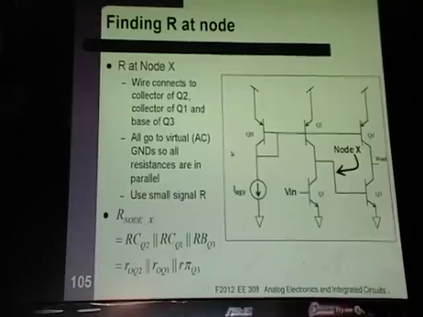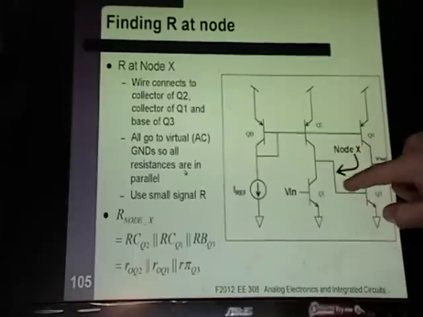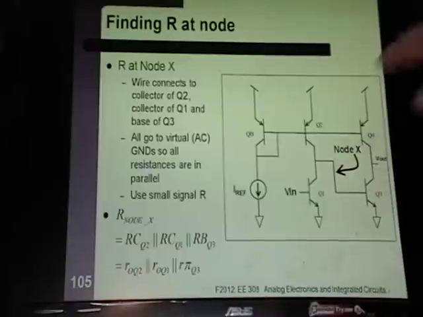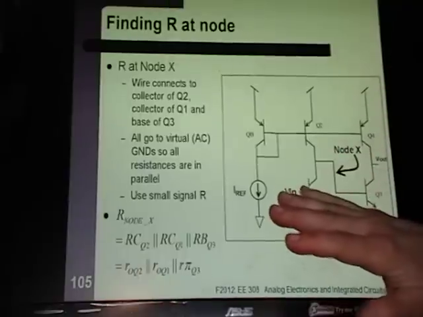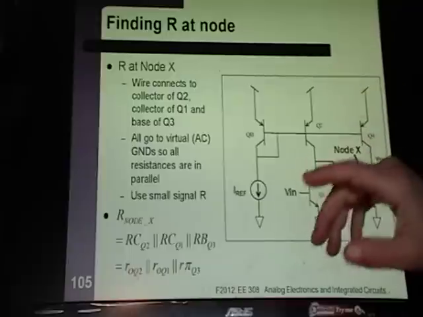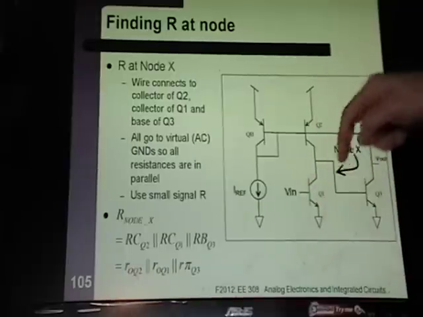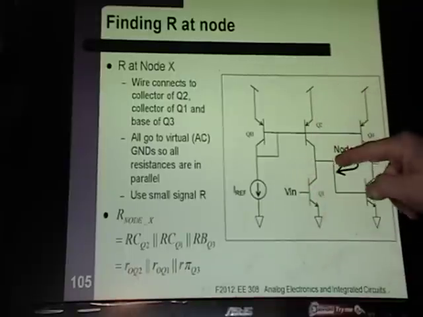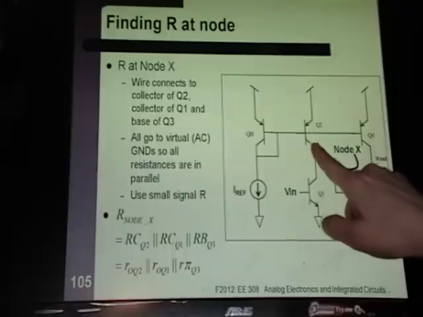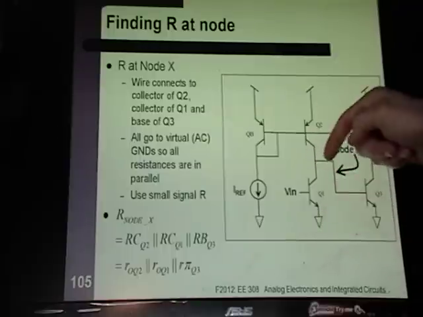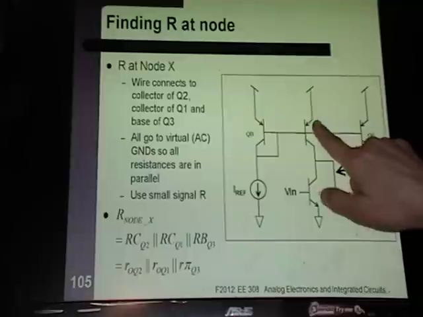To find the pole at a node, next you have to find the R. Here's your node. To find the R, you do the exact same thing you did with finding the C. You go in all directions until you hit a transistor. Here you hit a transistor, looking into the collector. That's RO, so that takes care of Q2.